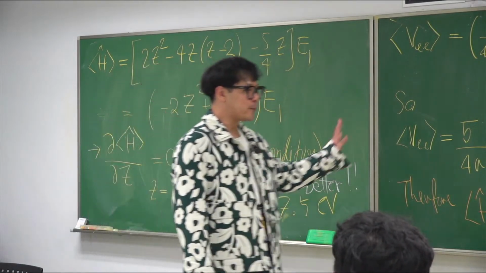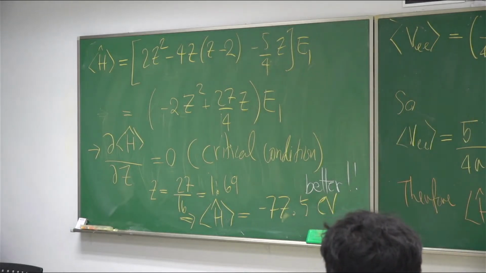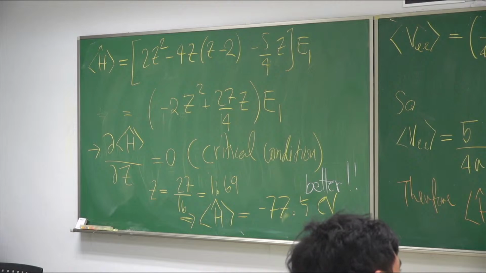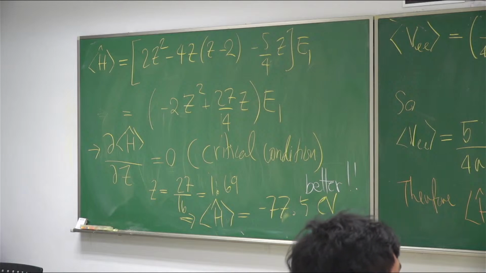But in this situation, it's a bit cheating because we know that actually this is the state of two independent hydrogen atoms, right? And then we just put the effective charge of the nucleus in there to be the parameter, then we just do it again.